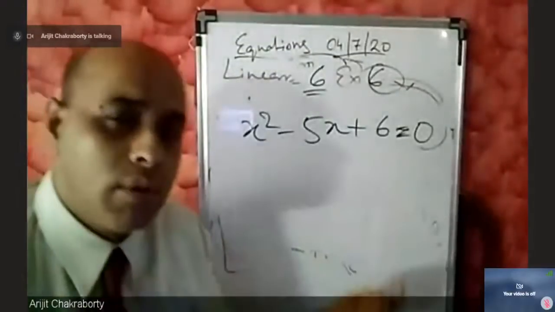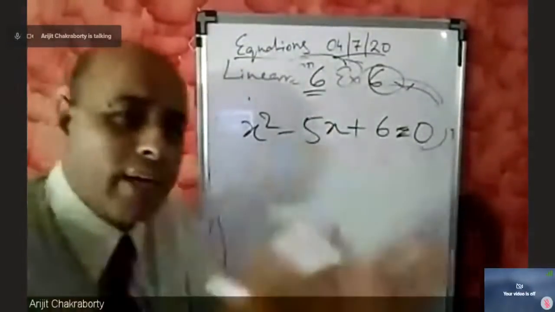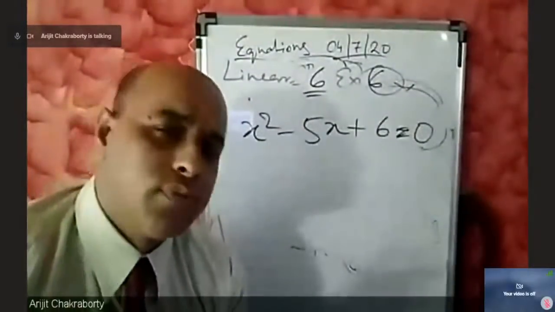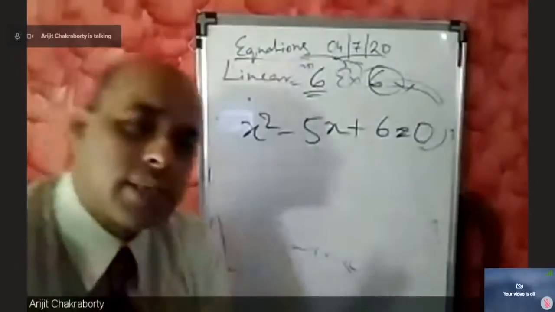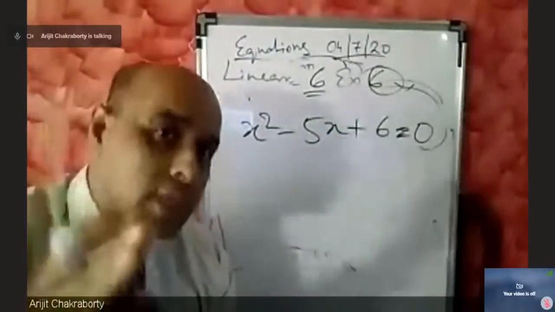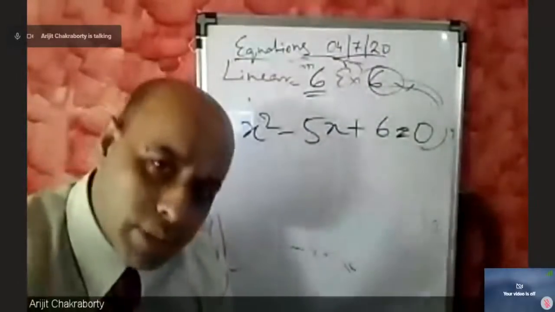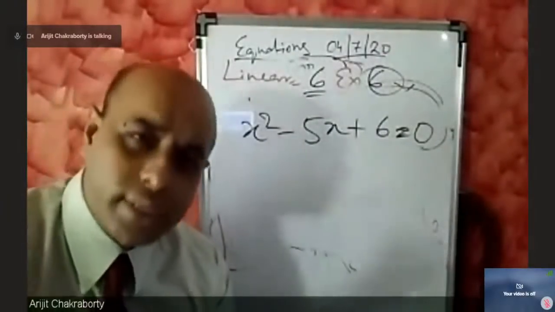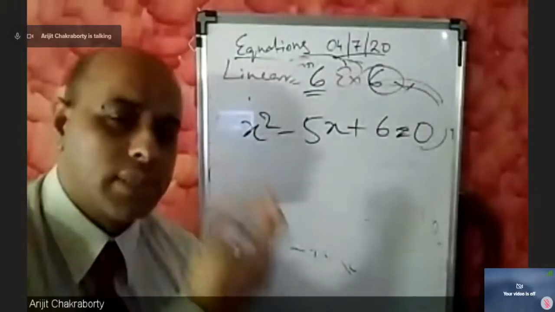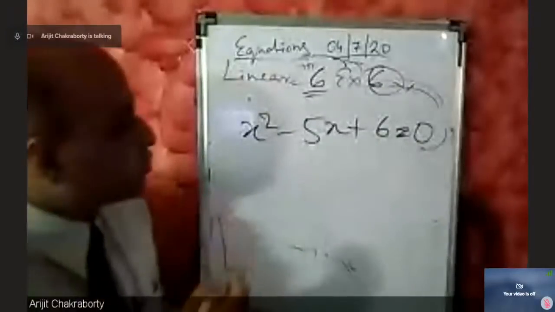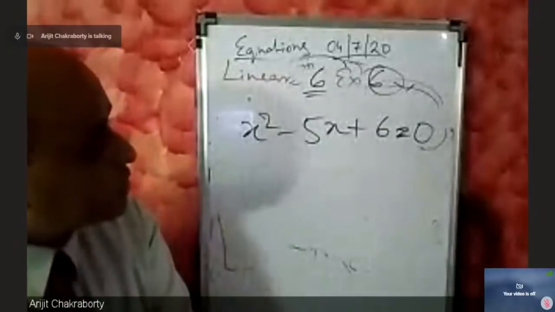Now this formula, minus b plus minus square root of b squared minus 4ac by 2a, is sometimes referred to as Sridharacharya's formula because the well-known Indian mathematician Sridharacharya is credited with discovering it. Now if you see this particular question, x squared minus 5x plus 6 is 0.